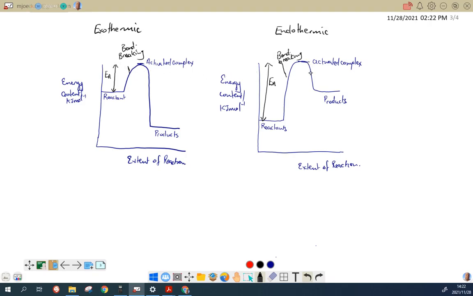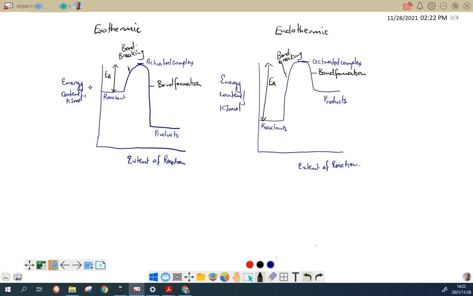Then we also see the other side after the activated complex, which is your bond formation process. In the bond formation process, the process is exothermic. There may be differences in the extent or the size of the reaction that's going to take place, but we can discuss that when we look at the differences.